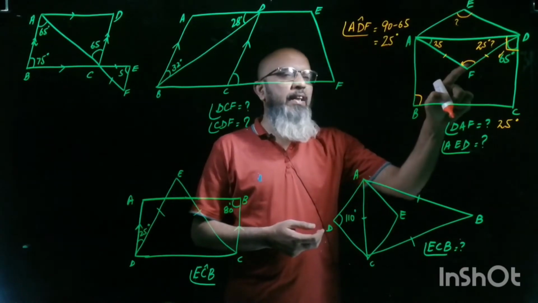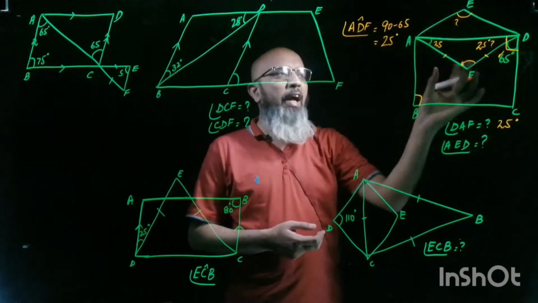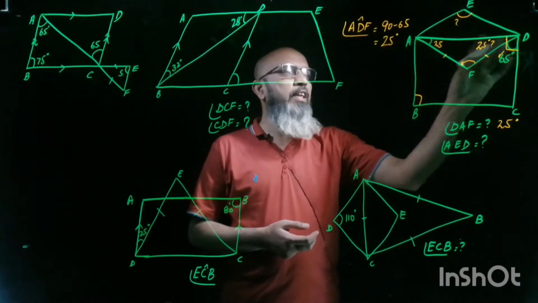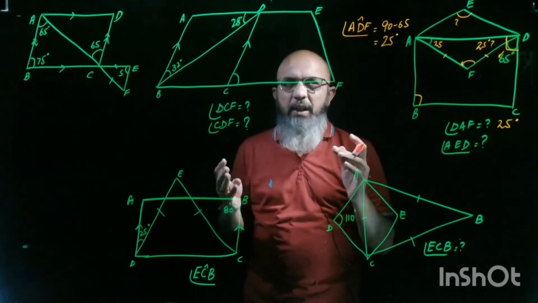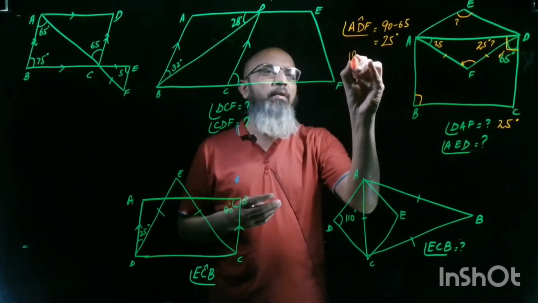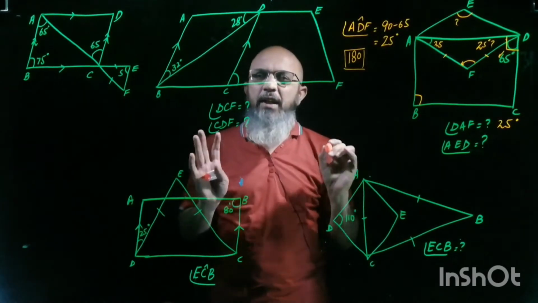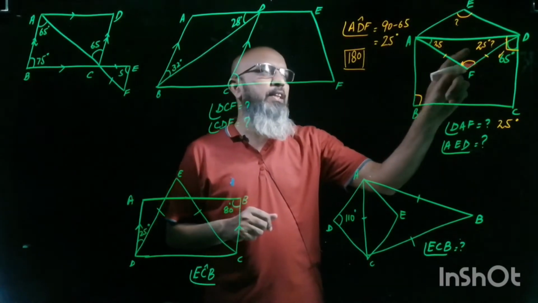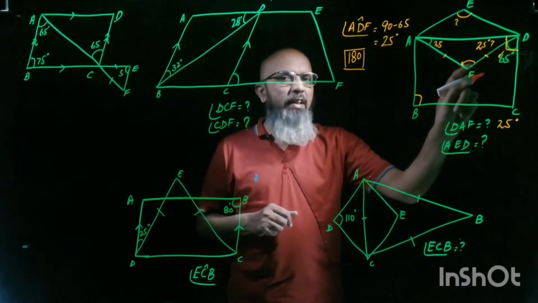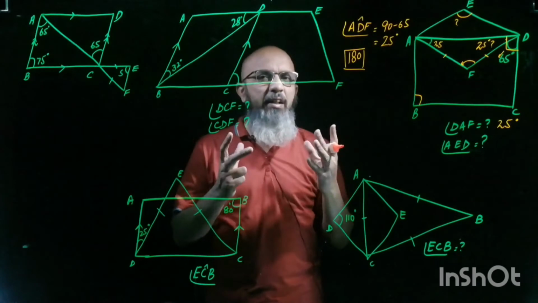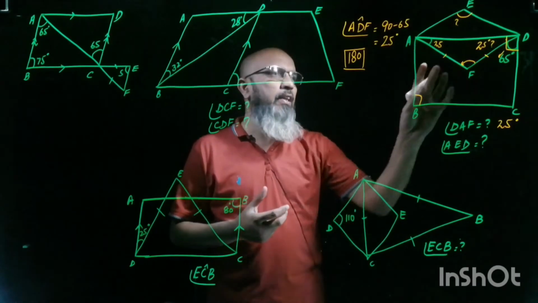By finding this angle, we can find that angle because opposite angles are the same, and we know AFD is a triangle. And what is the sum of angles of a triangle? As you did it again and again and learned it very well, that is 180 degrees. Two angles are given to you, that is 25. You can do it mentally, or you can do it by making an equation as you learned in the previous lecture.